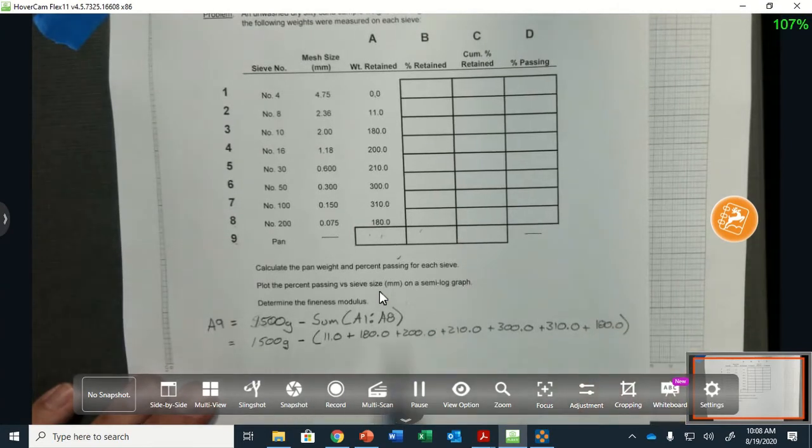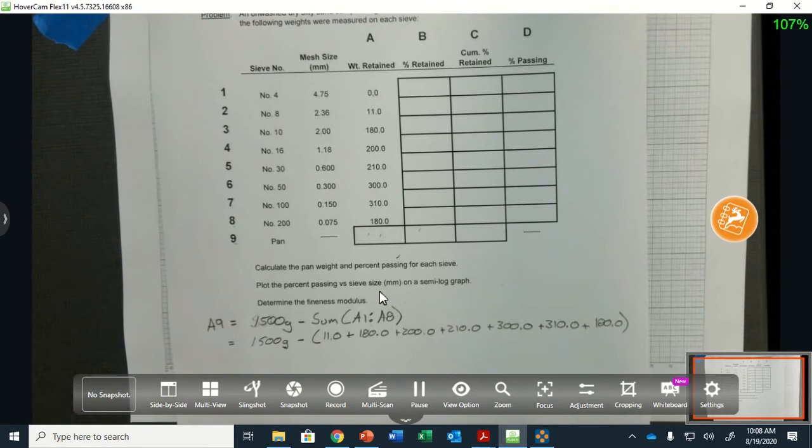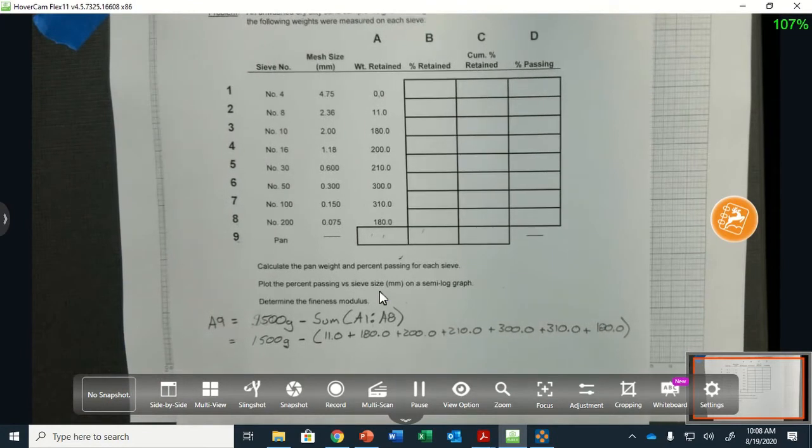So first I have to add all these up and then subtract from 1,500. When I do that, 11 plus 180 plus 200 plus 210 plus 300 plus 310 plus 180 equals 1,391.